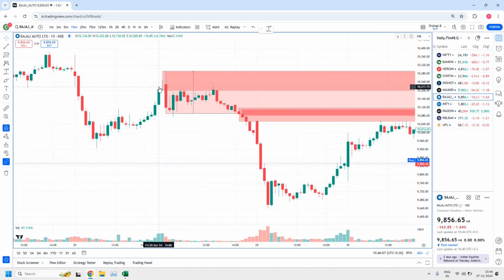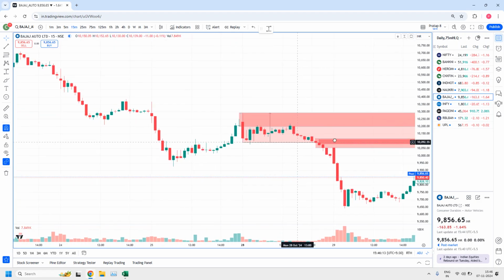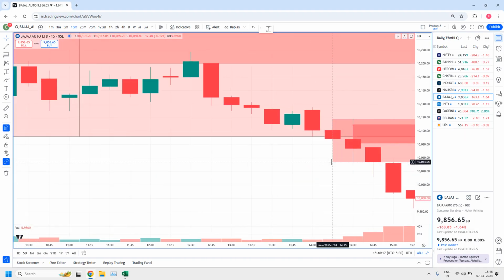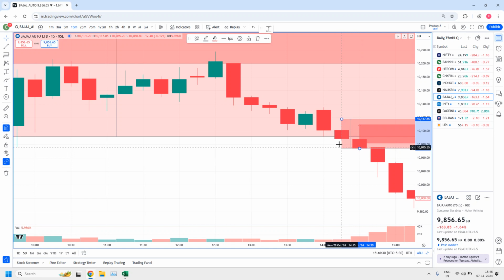Here you have a rally, base, drop, a 15 minute zone is there, and then again you have a drop, 3 base candles and a drop candle. You can also consider a compromised leg out candle. This is the way you can also draw it, because the majority of the portion is outside, I mean half of the portion.